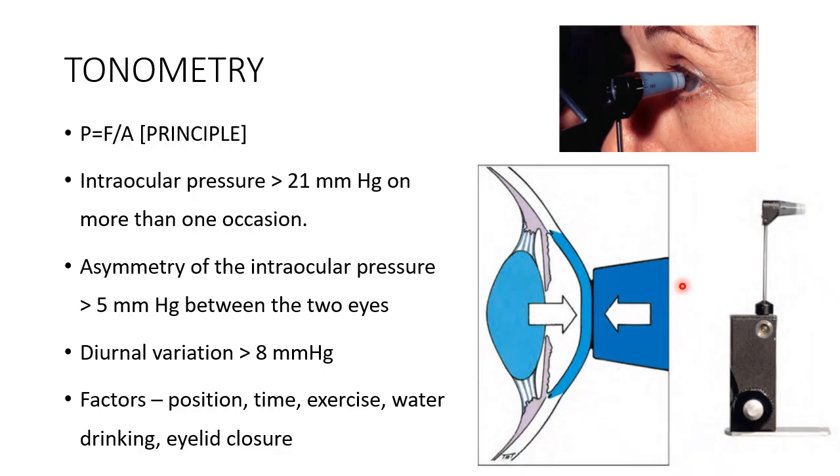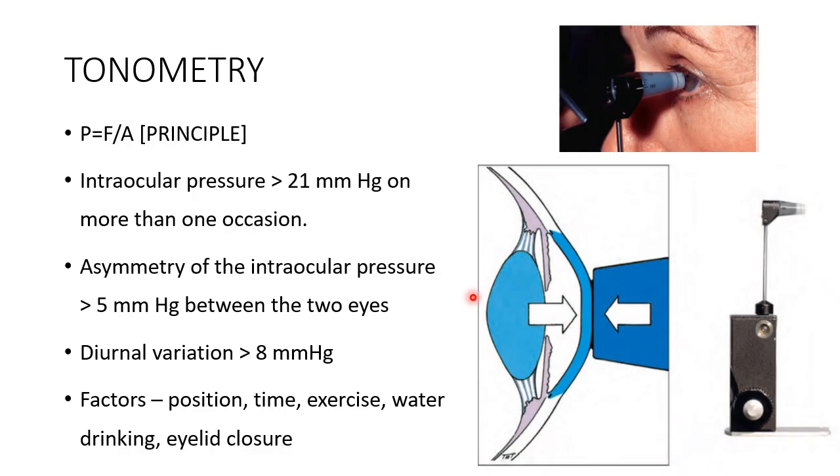Then, if you apply pressure on that sphere from outside, pressure of a particular intensity and of a fixed area, then the pressure inside that thin-walled sphere would be equal to the force that you apply upon the fixed area that you apply the force on. So the area is fixed, the force that you apply is variable.